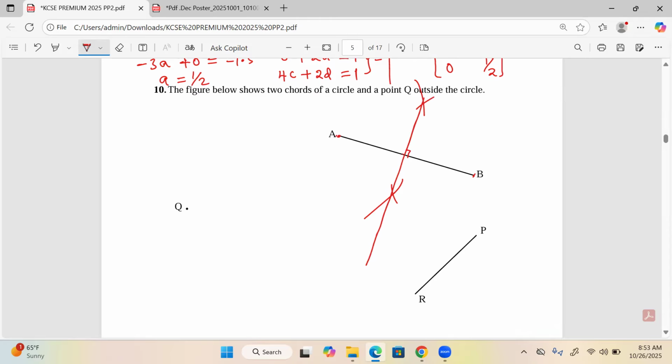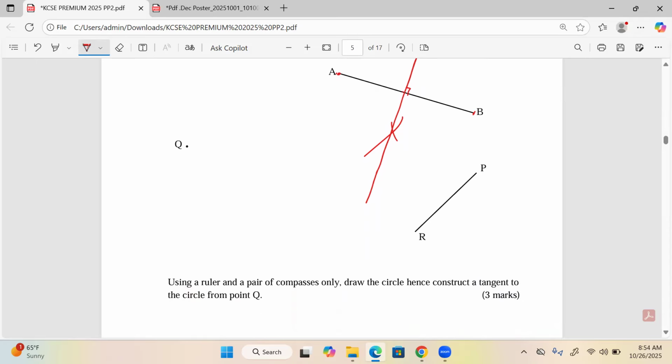We are supposed to do the same for RP. So you stand at R, you make arcs on both sides. Then standing at P with the same radius, you cut the same arcs so that you may bisect. Once this one is bisected perpendicularly, it shall pass through the center.